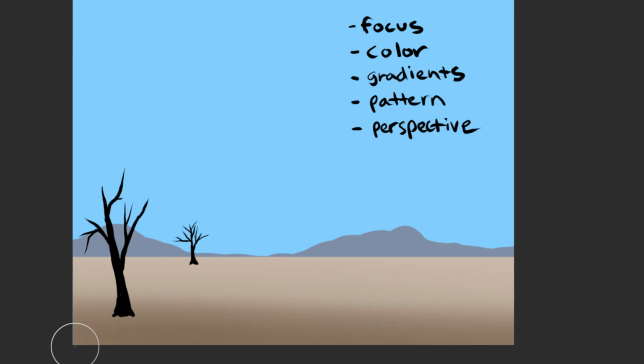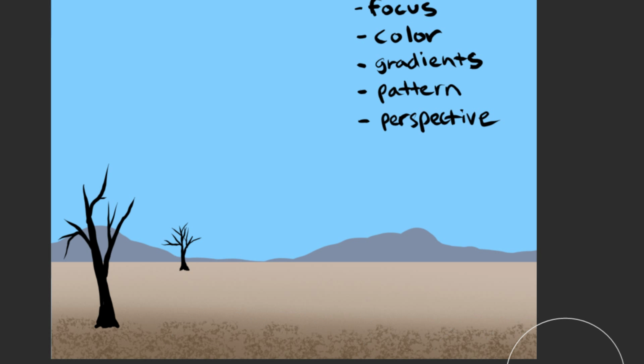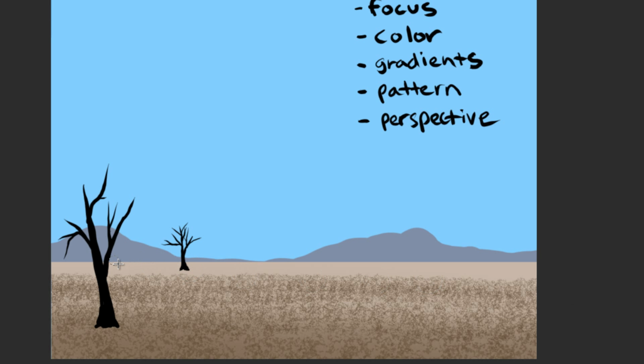So our pattern needs to be broader in the foreground, maybe something like this. And then we need to shrink our brush size so that our pattern gets smaller and the shapes in the pattern get closer together. And what that's doing is giving a sense of distance by the pattern or the texture changing.